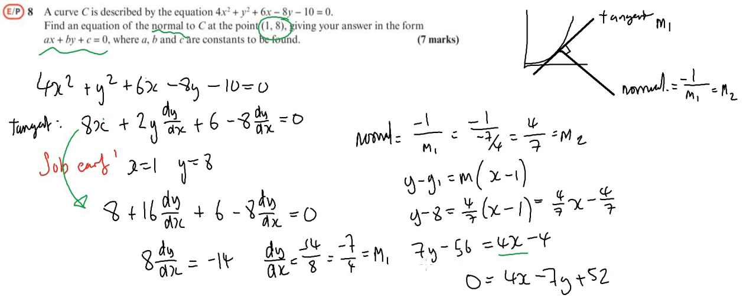So 4x minus 7y plus 52. And I've got the equation of that, and for completeness, I'm going to write that a equals 4, b equals minus 7, because plus by, and c is obviously 52. And I'm done.